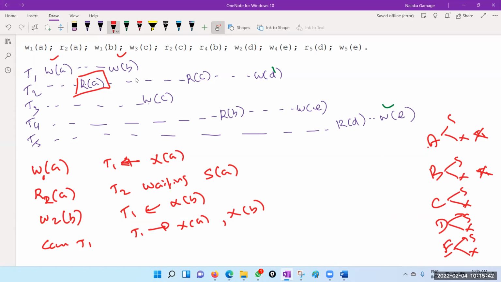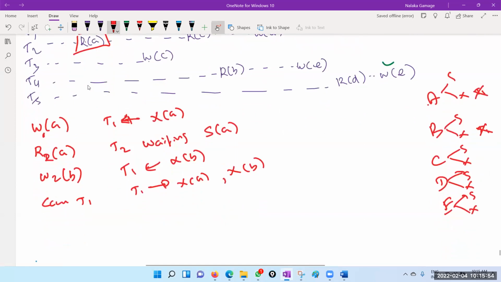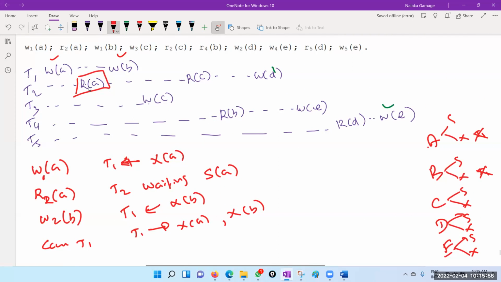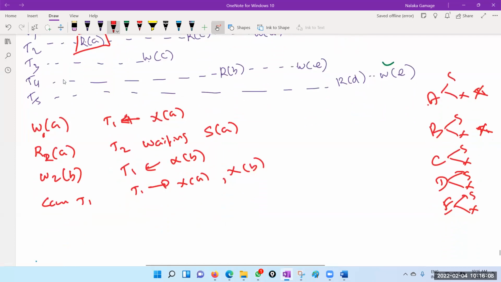Now remember, the moment you release locks, the DBMS checks whether any transaction is waiting for locks. Then before proceeding, those waiting transactions are notified. Transaction 2 is waiting for shared A. Earlier the exclusive A was given, but now shared A can be taken because exclusive A is available.